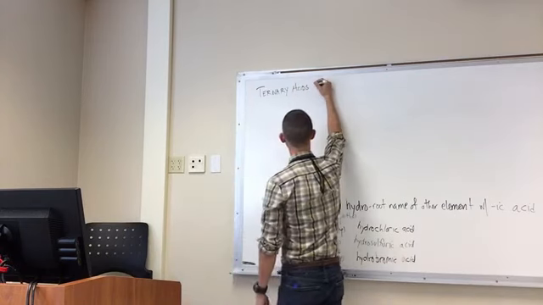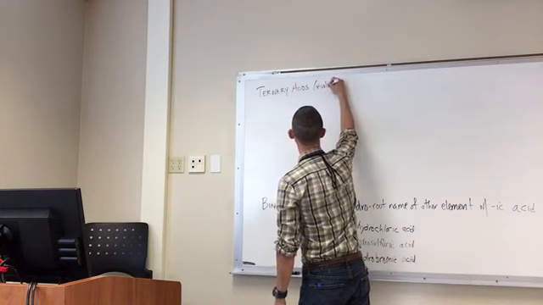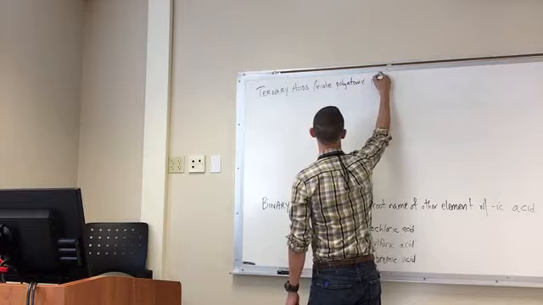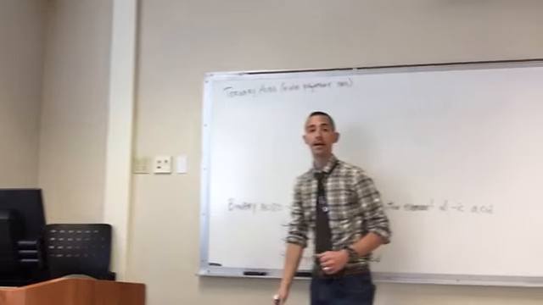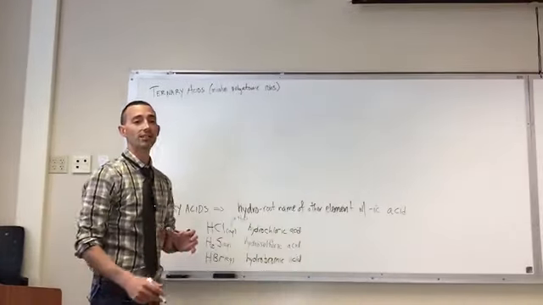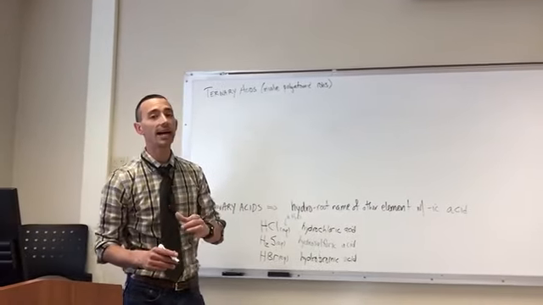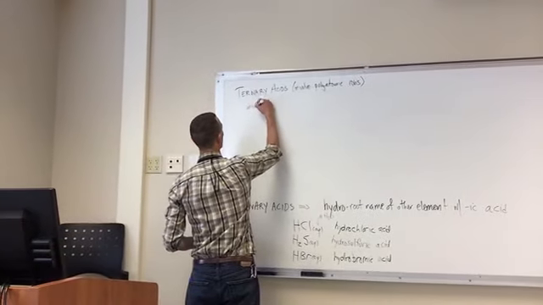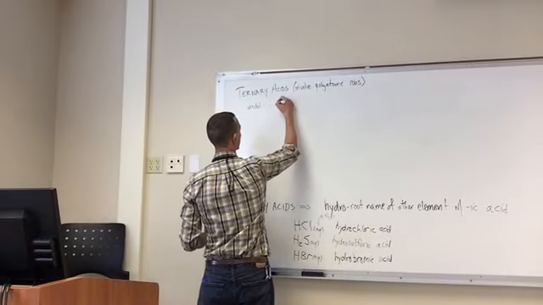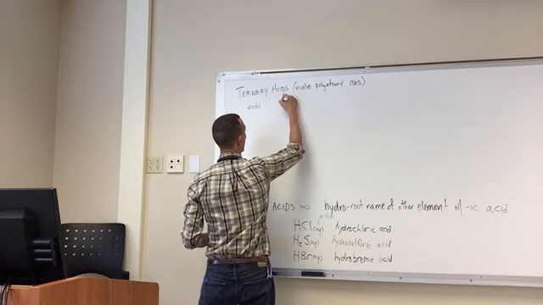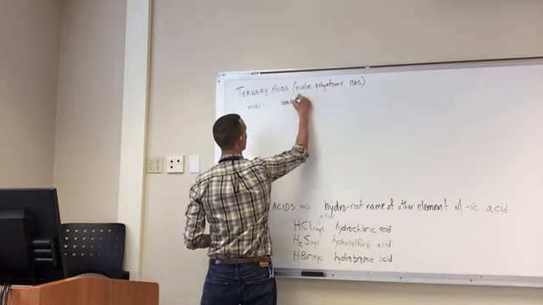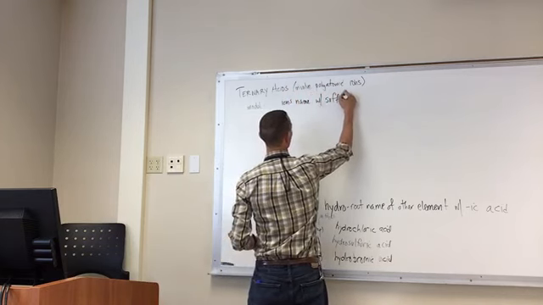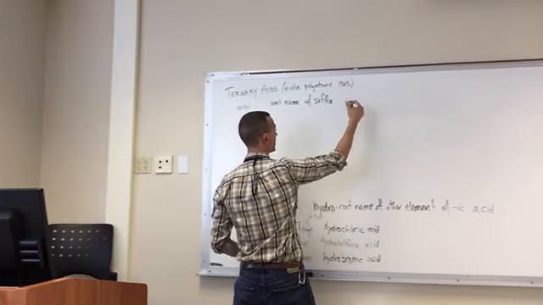The names of ternary acids, again, they all involve polyatomic ions. Okay? And that's important to recognize because the name is going to be derived from the name of the polyatomic ion. So the model for the name of all polyatomic ions is the ion's name with a suffix that depends on the name. Okay?